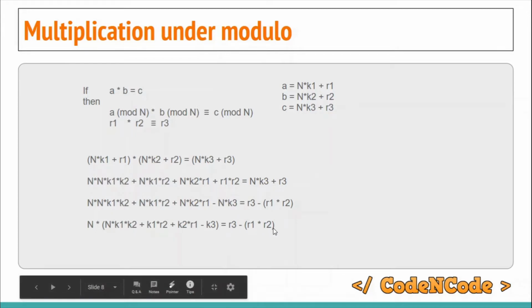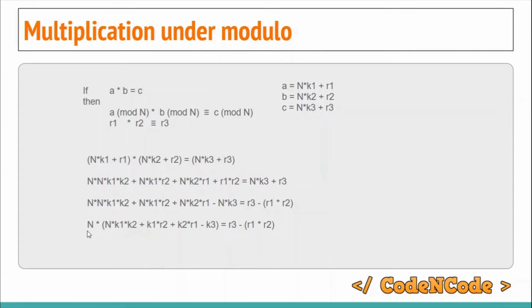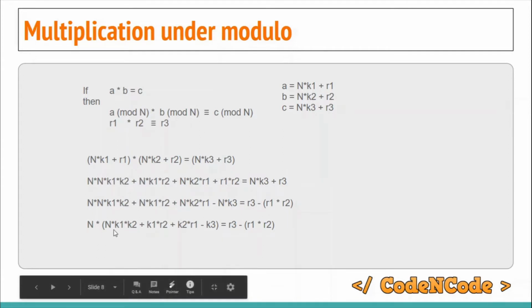r3 minus r1 r2 is a multiple of n, or that is, it is divisible by n, because all the terms that are inside are integers, and their multiplication, addition and subtraction would result again in an integer. So r3 minus r1 r2, if I send this n to the right hand side, would become r3 minus r1 r2 divided by n.